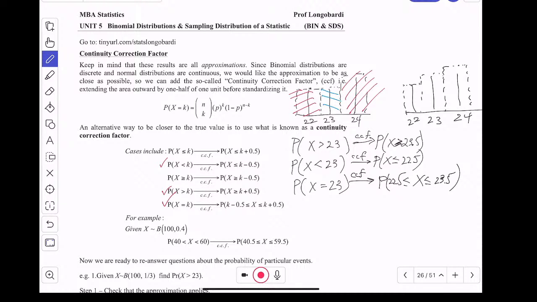So what if we want the probability that x is less than or equal to 23?